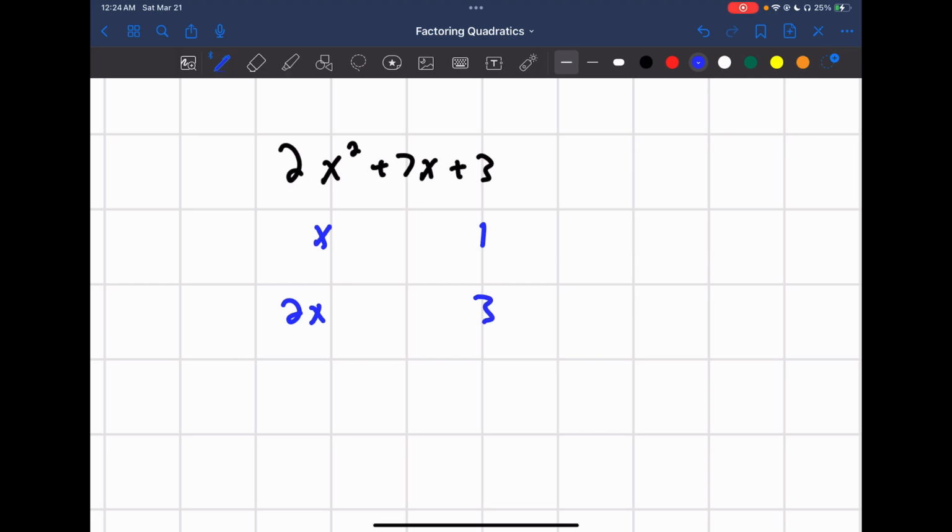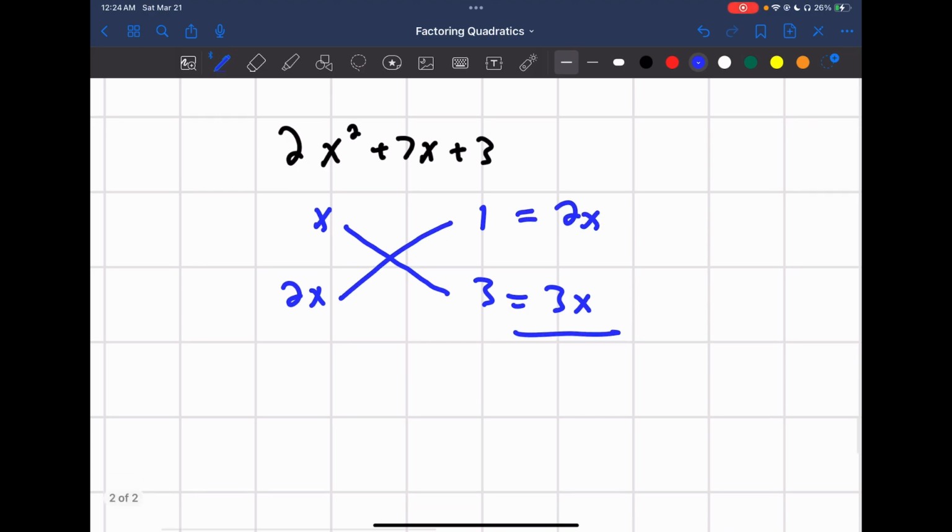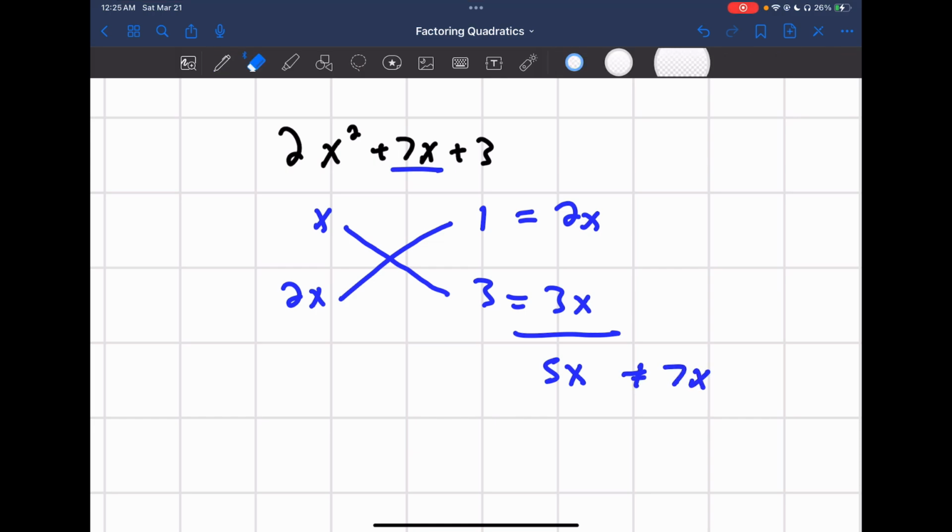So let's try to do the cross multiplication. x times 3 is equal to 3x. 2 times x is equal to 2x. The sum of this will be 5x, but this is not the same as 7x. 5x would not work. So we would have to try again.